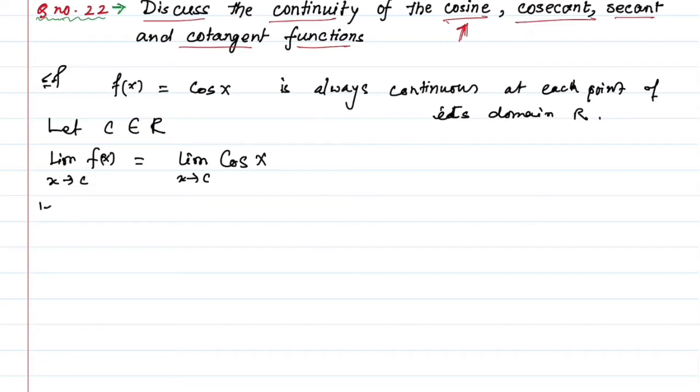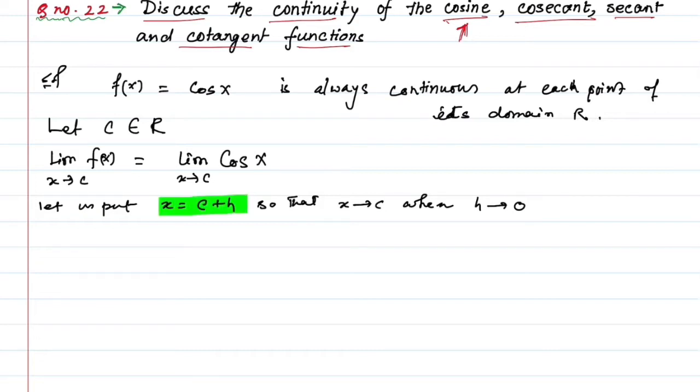Let us put x equal to c plus h. Then x tends to c when h tends to 0. So now replace x by c plus h.